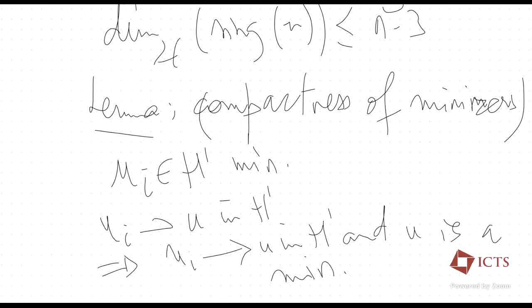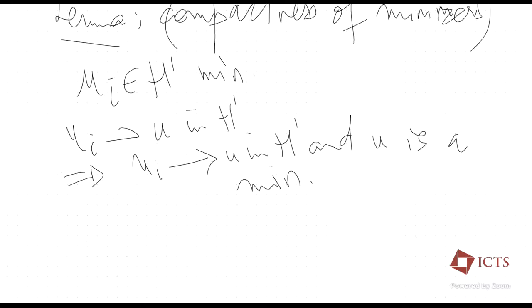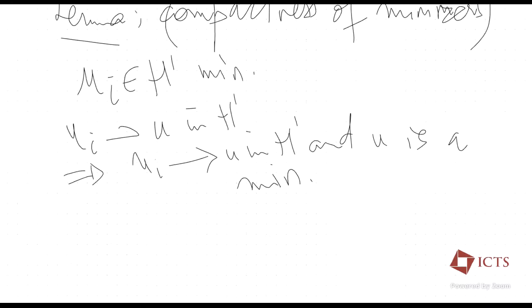Okay, so this lemma is crucial because it tells you that whenever you start with a sequence of minimizers, its limit will be a minimizer. This is very important. There is no easy proof.